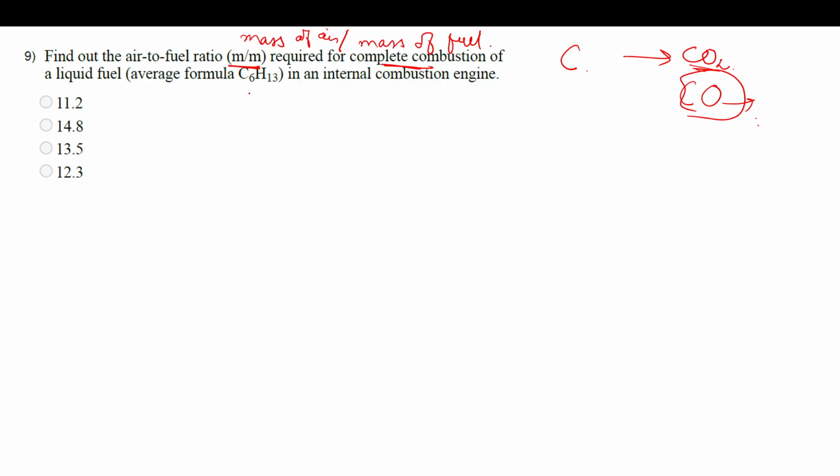So we need to have the conversion from C6H13 to CO2 and H2O. This reaction is complete combustion. Obviously, we require oxygen for this, and this oxygen is supplied by air. So let's first balance this equation.